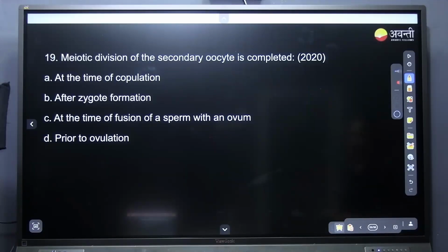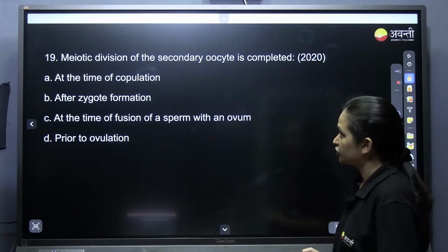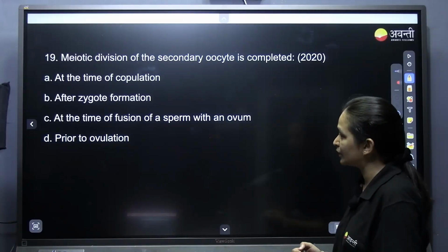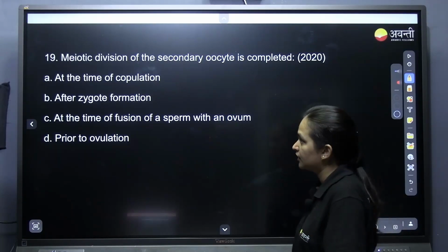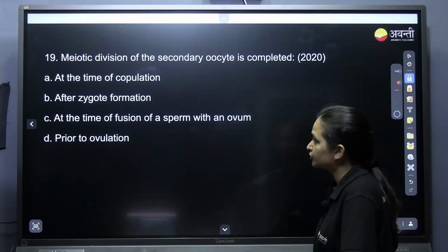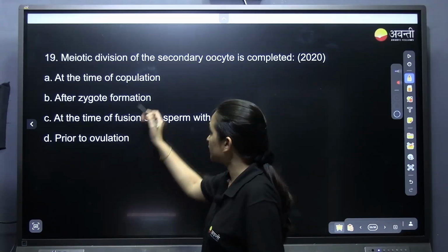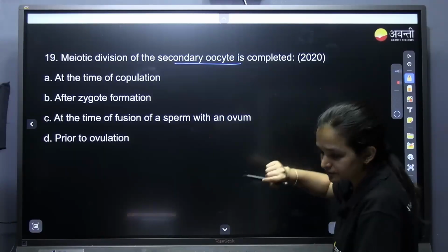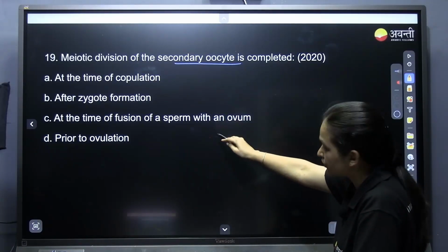The meiotic division of the secondary oocyte is completed. Is it at the time of copulation, after zygote formation, at the time of fusion of the sperm with an ovum, or prior to the ovulation? Option C. So at the time of fusion of sperm with an ovum, the complete meiotic division takes place just before the fusion of sperm into the nucleus of ovum.